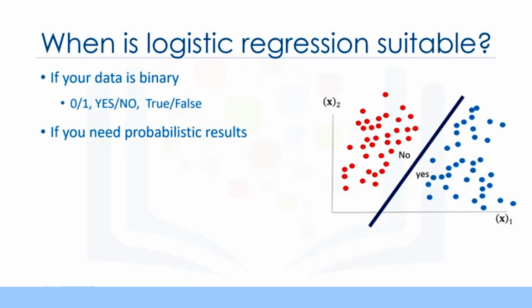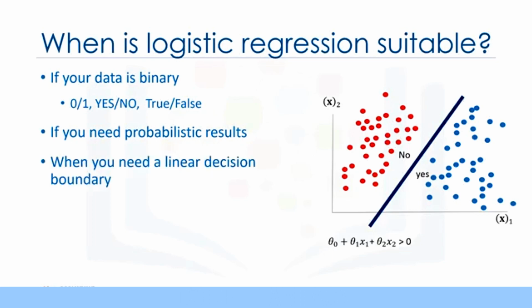on that probability. Third, if your data is linearly separable. The decision boundary of logistic regression is a line, or a plane, or a hyperplane. A classifier will classify all the points on one side of the decision boundary as belonging to one class, and all those on the other side as belonging to the other class.